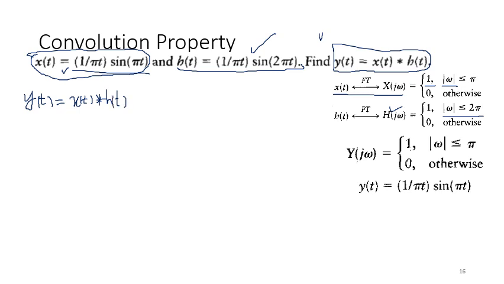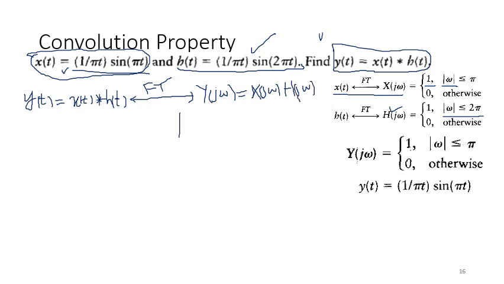If I take the Fourier transform of these, then Y of j omega equals X of j omega times H of j omega. So that means it is just a multiplication.